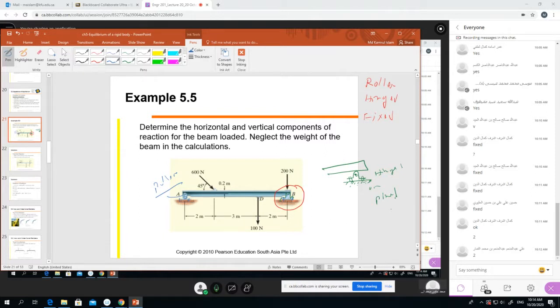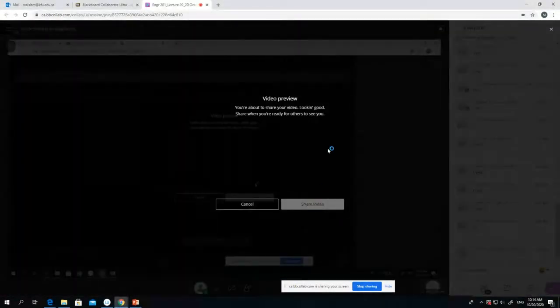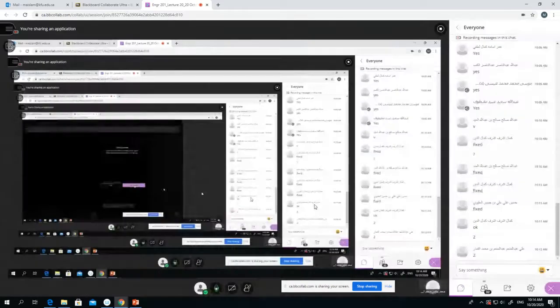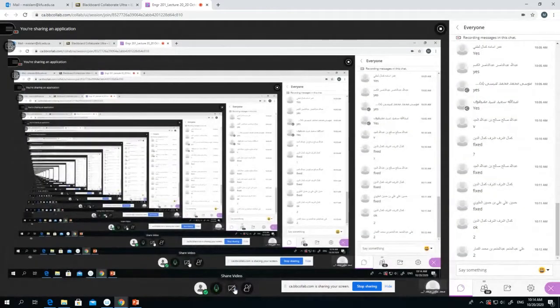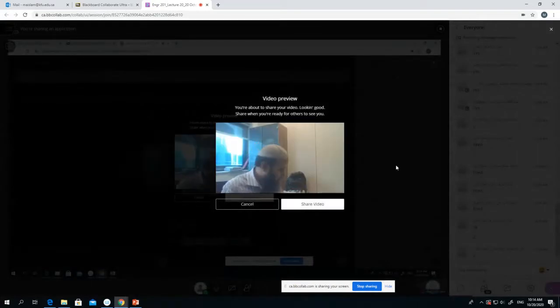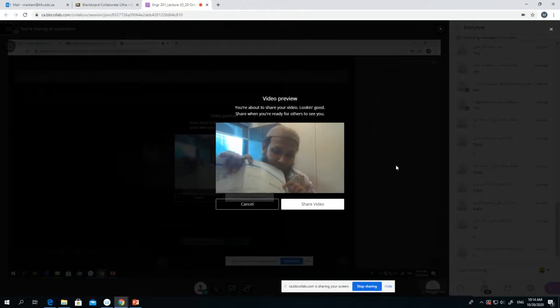See, this is the book, and this is the diagram, with A here and B here.